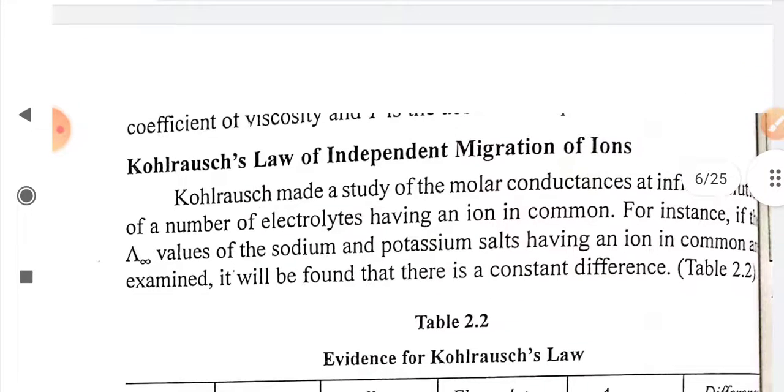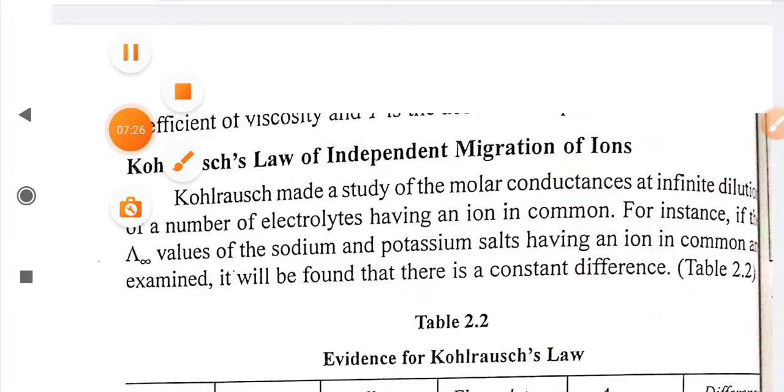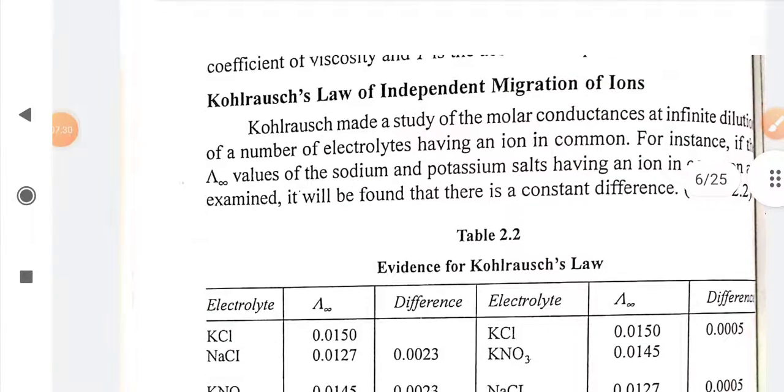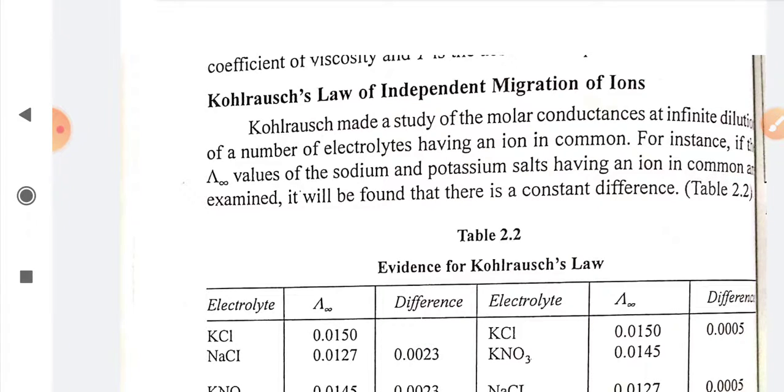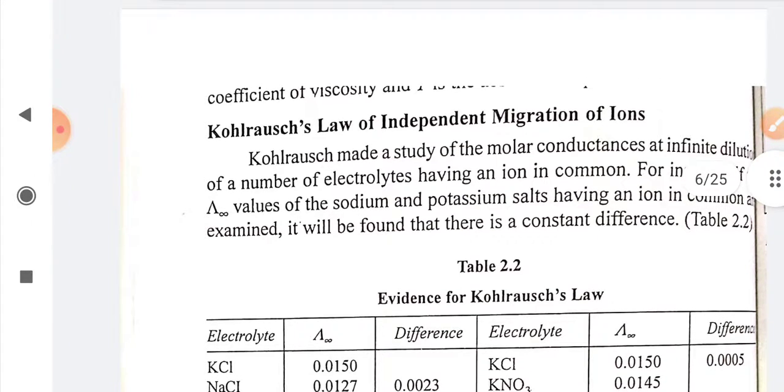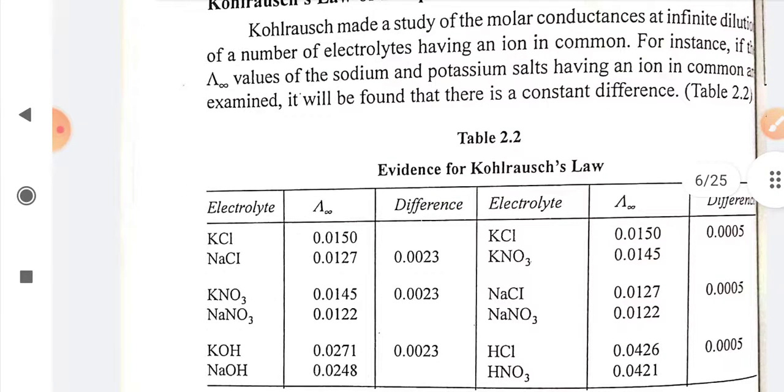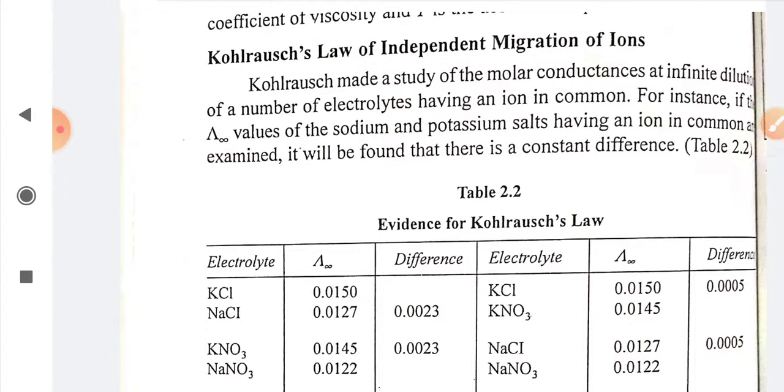In order to find out the molar conductance at infinite dilution, there is another method, which is called Kohlrausch's law of independent migration of ions. What he did was study various salts, or various electrolytes, having one common ion, and tried to determine the differences in their molar conductivities at infinite dilution.